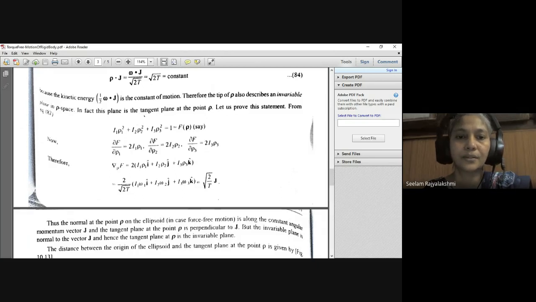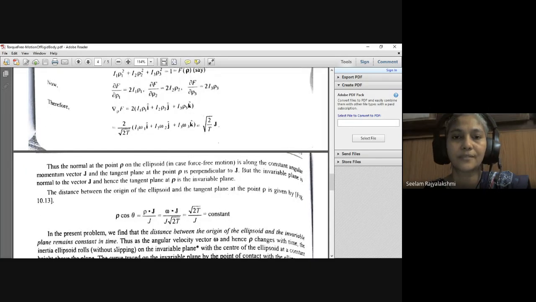Here rho is nothing but omega by root of 2T, so we have 2 by root of 2T into I1 omega1 i cap plus I2 omega2 j cap plus I3 omega3 k cap. Here I omega is nothing but J. We are replacing rho with omega by root of 2T, so that gradient of f equals root of 2 by T into J.